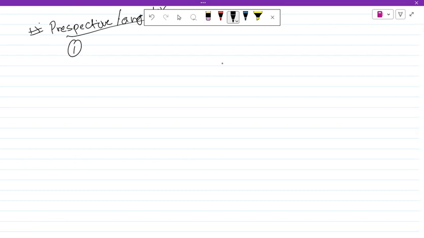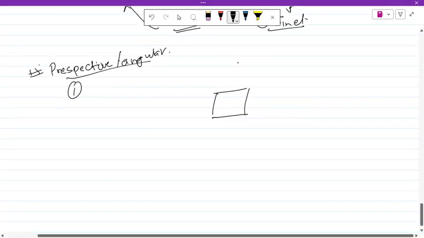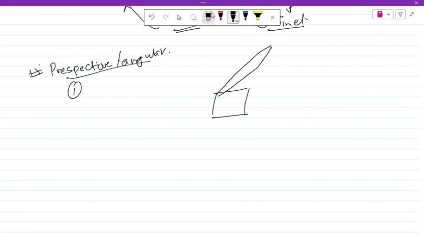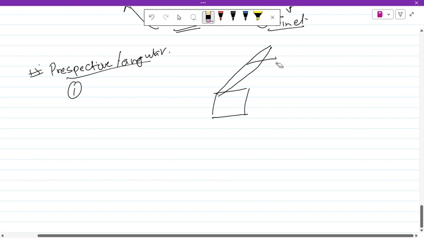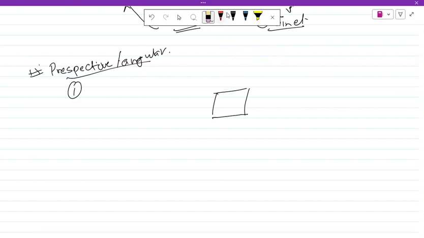If this is an object, the cuboid, and this is a vanishing point, then I draw a line from the vanishing point to every edge, and I define the corner.